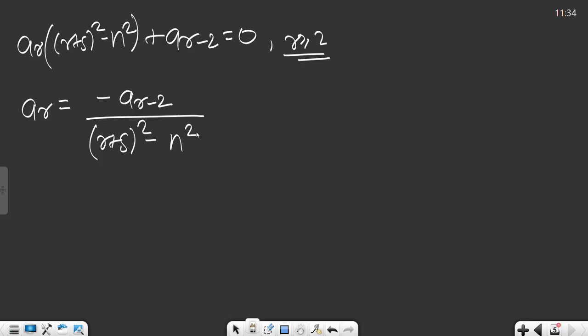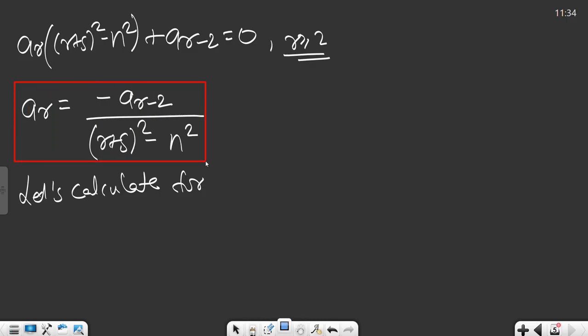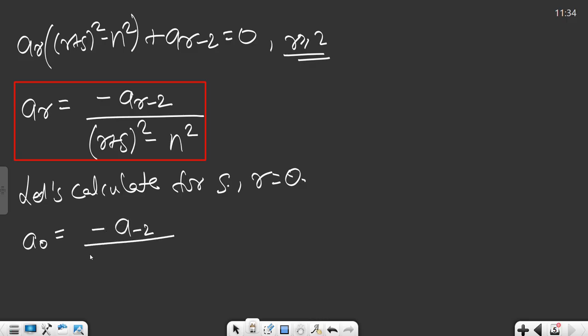And here, how are we going to calculate for s? By plugging r equals 0. Let me pack it in a box. So for s, let's plug r equals 0. It's a naught minus a sub minus 2 over s squared minus n squared, since r is 0.